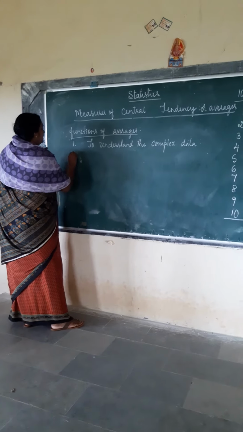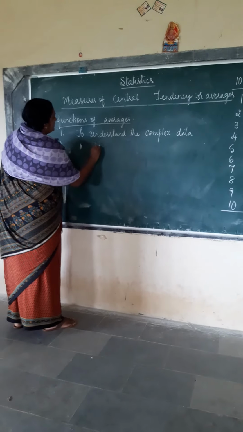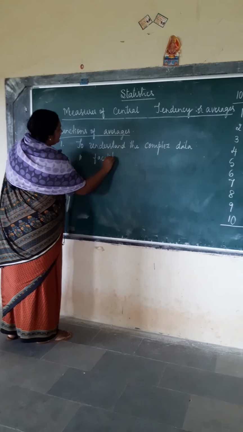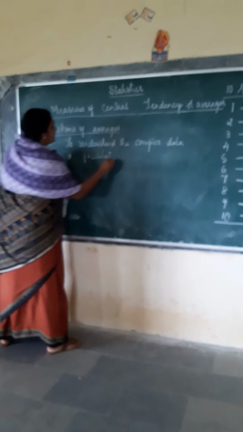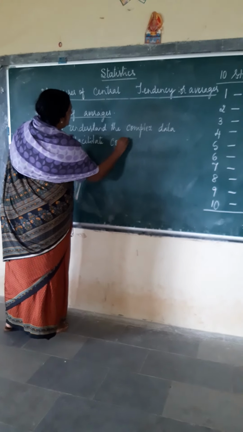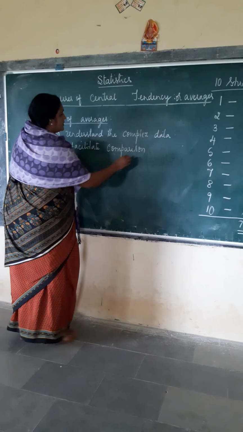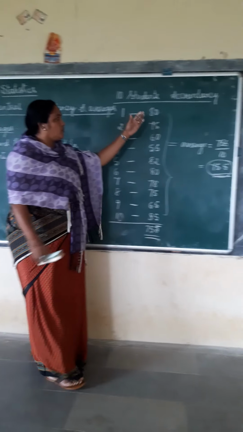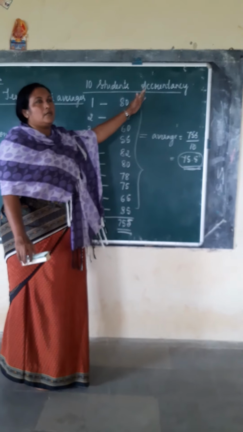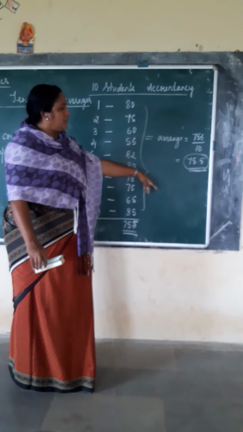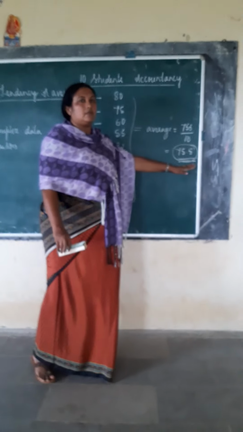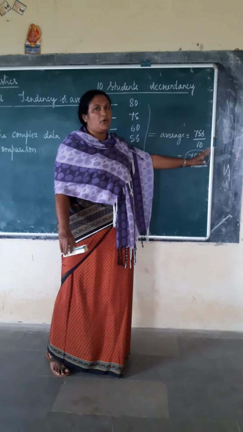The second one is to facilitate comparison of the data. For example, here you have taken the marks of the subject accountancy. So we know now the average mark a student can score is 75.5.